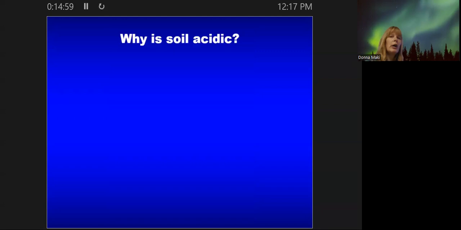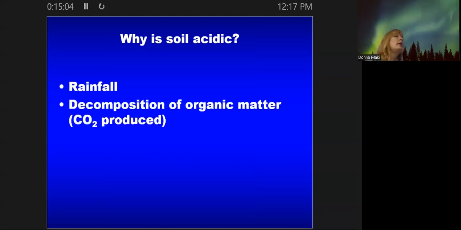If you're curious, why is that the case? Why is most soil, in general, we can say most soil is acidic. You can imagine rain coming down onto the soil, and then think about all the activities going on in the soil with the breakdown of organic matter. When microbes are breaking down organic matter, they are carrying out respiration. Many of them carry out respiration very similar to what we do.